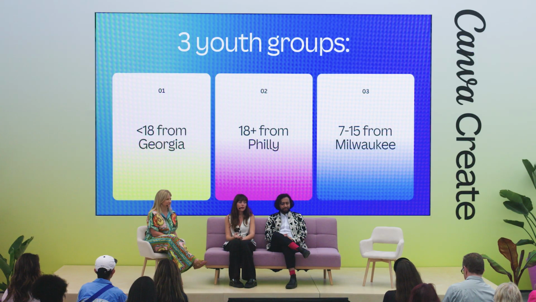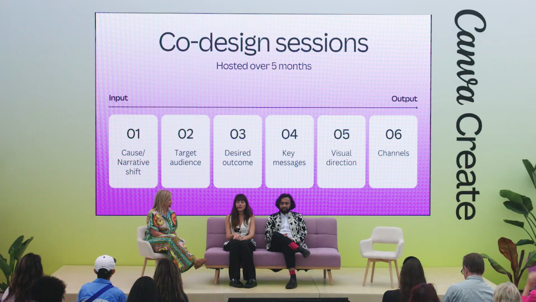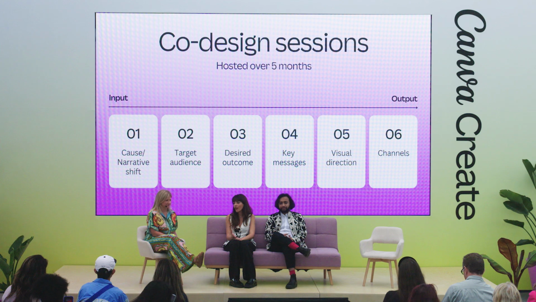And then the third group is made out of indigenous young girls between the ages of 7 and 15 from Milwaukee. So with these 3 groups, we dove right in and started having co-design sessions with them over the course of 5 months.